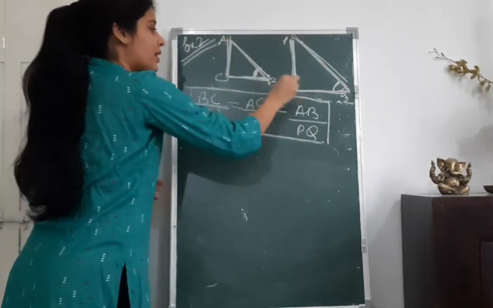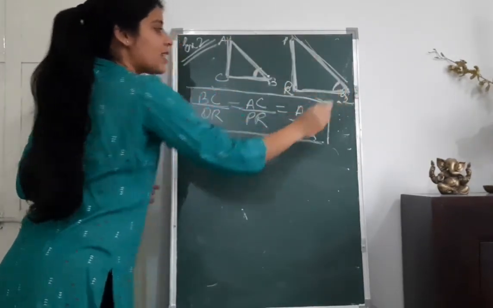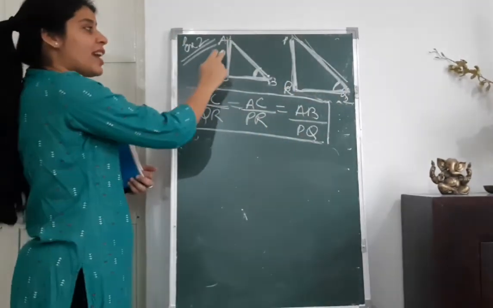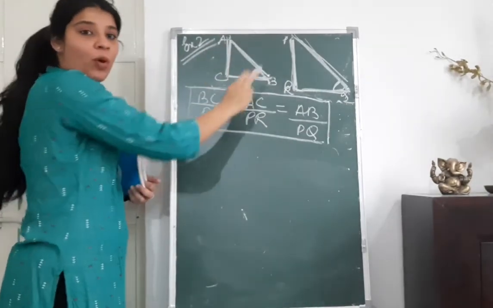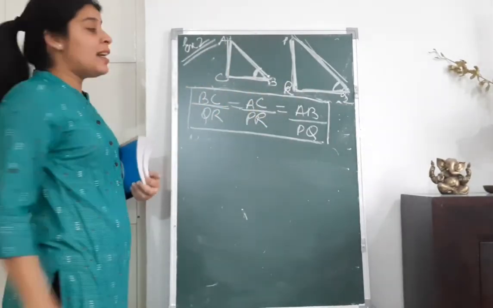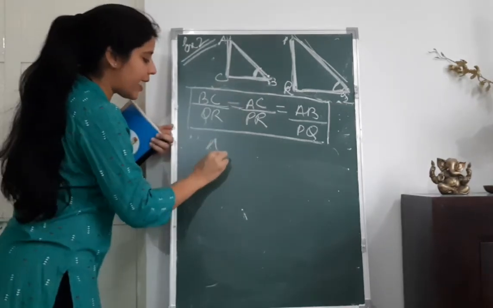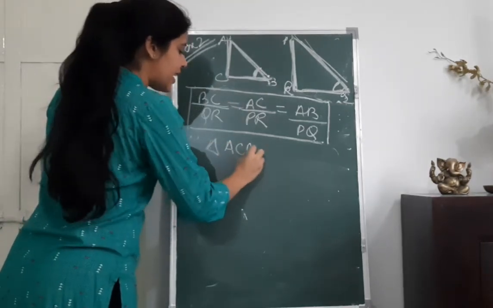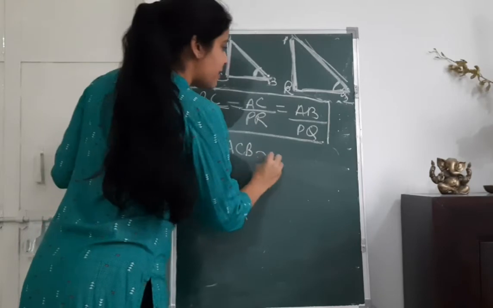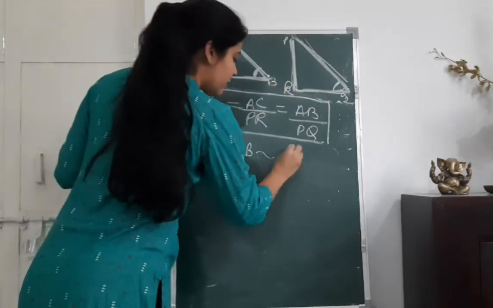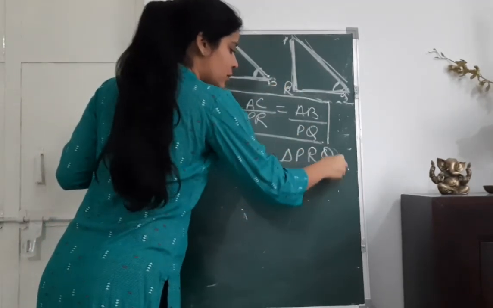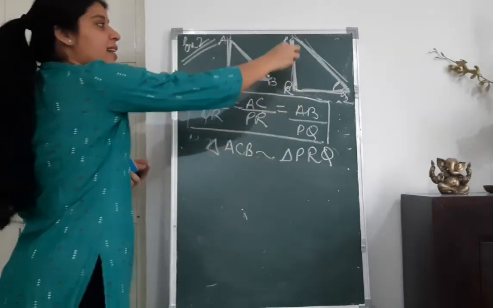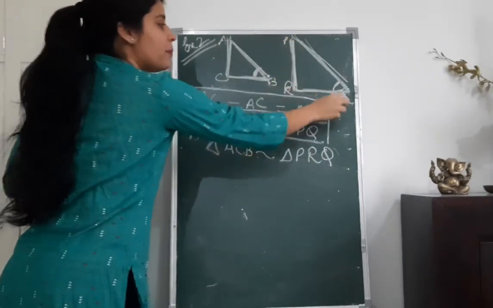As this upon this and this upon this is equal to one another. That is why the ratio of the sides of both these triangles are equal. That is how I can say that triangle ACB is similar to triangle PRQ, right? I can say triangle ACB is similar to triangle PRQ.